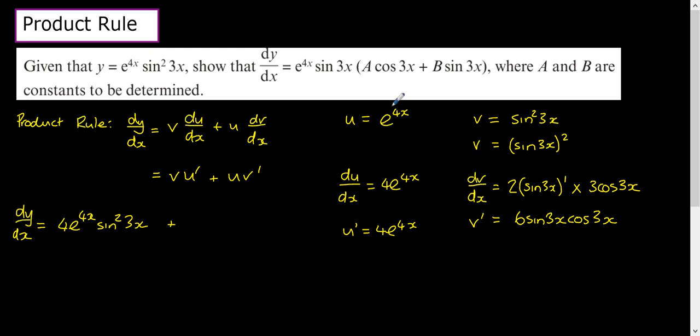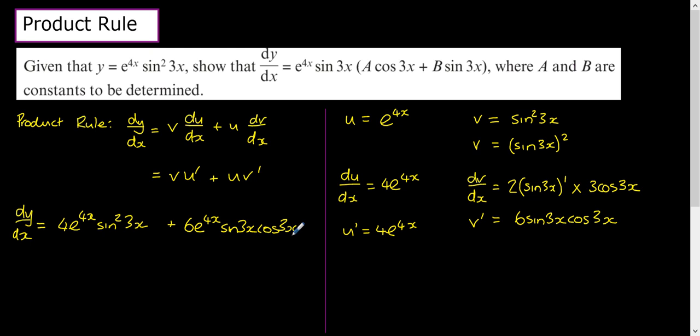So we've got u, which is e to the 4x, times v prime here, which is 6 sine 3x cos 3x. So we end up with 6e to the 4x sine 3x cos 3x. And that is our literal application of the product rule.